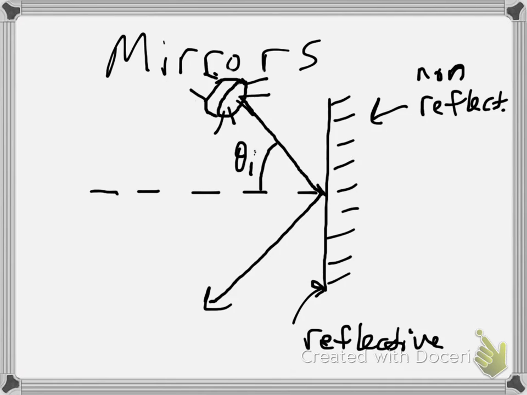If I know the angle of incidence, then the angle of reflection will actually be symmetric about this horizontal line here, right? We call that the normal.